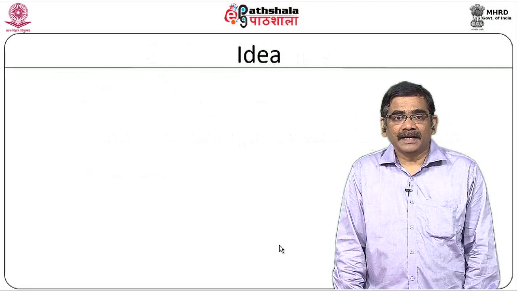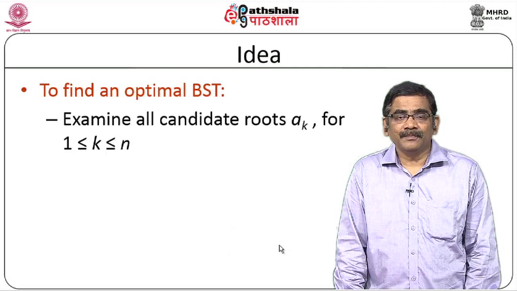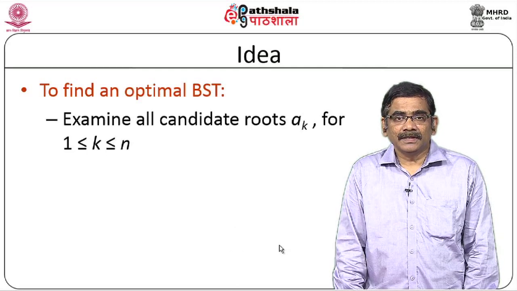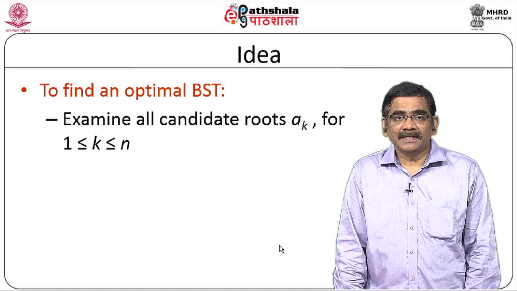Fine. What is the idea? The idea is very simple. The idea is to construct the optimal BST. So, what we are going to do is examine all candidates for the root element a k, where k ranges from 1 to n, because the given elements are a 1, a 2, a 3 up to a n.